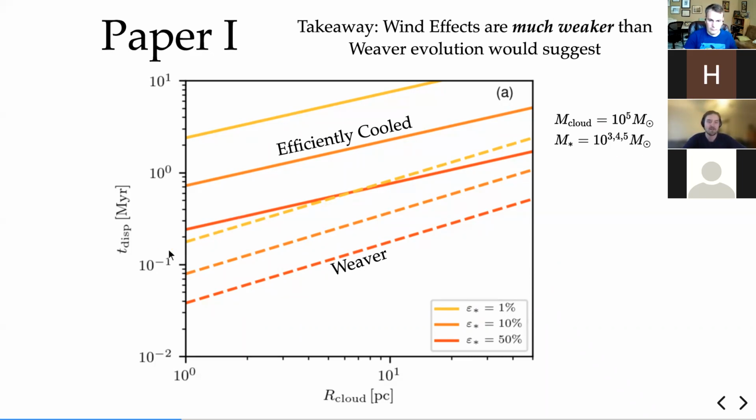And what I'm showing is the time it takes to disperse the cloud as a function of the cloud radius. The main takeaway is that in our efficiently cooled solution, it takes much, much longer for a cloud to be dispersed than it does in the Weaver solution. So wind effects are much weaker than the Weaver evolution would have suggested.